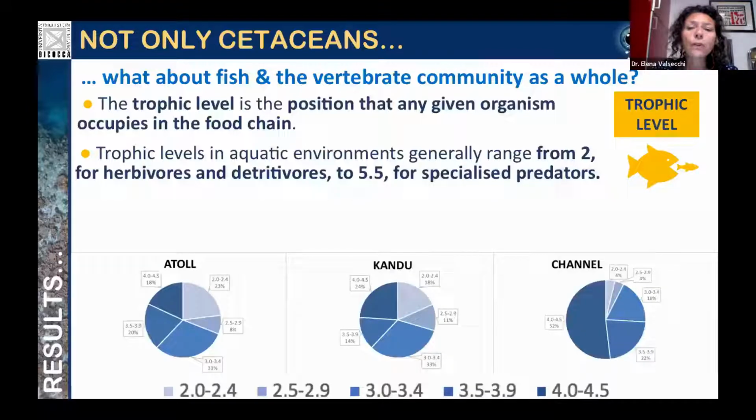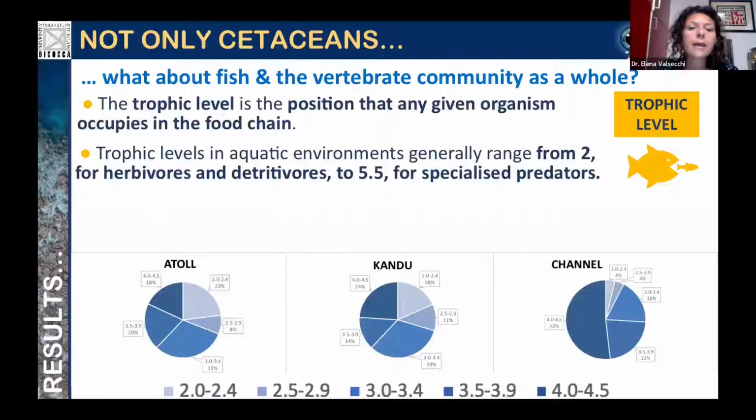We wanted to look at the distribution of the trophic levels assigned to each of the single species that we identified in each of the samples, and to separate them according to their habitat.